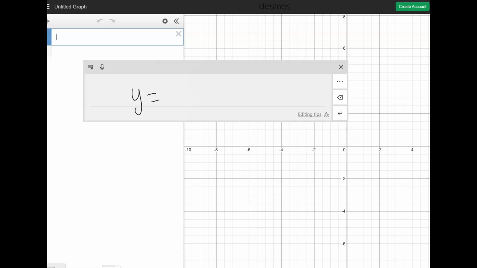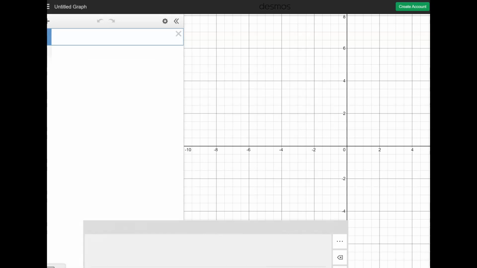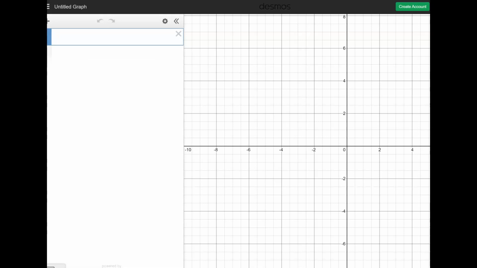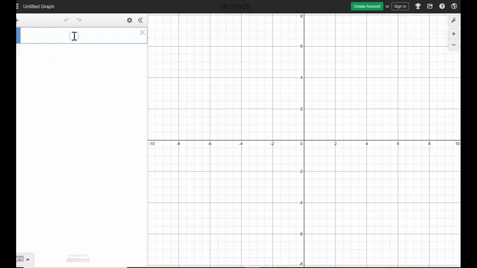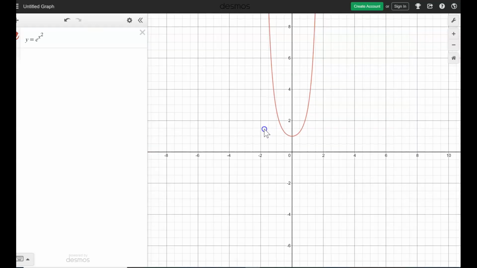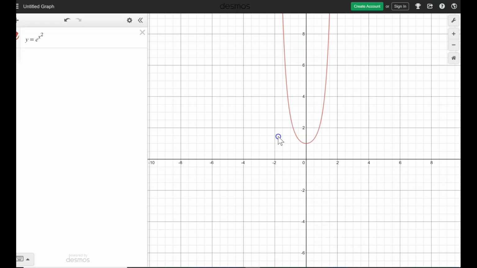Okay, so y is equal to e to the x squared. Okay, let me try this again. So the true value is y is equal to e to the power of x squared. So that's basically what the true value looks like. It kind of looks like a parabola going really, really fast.